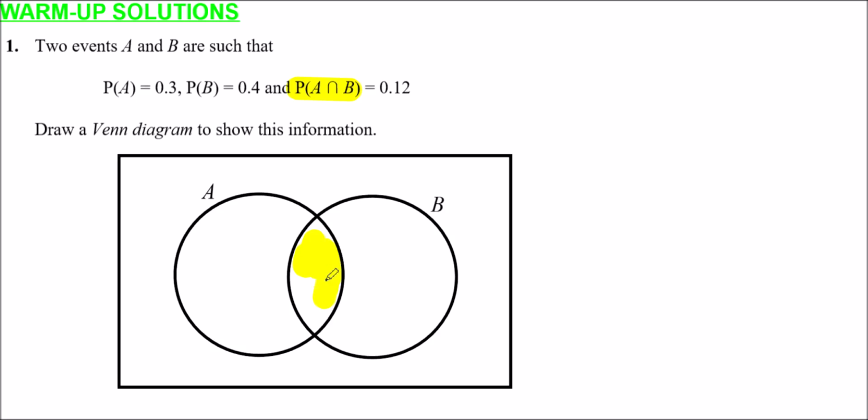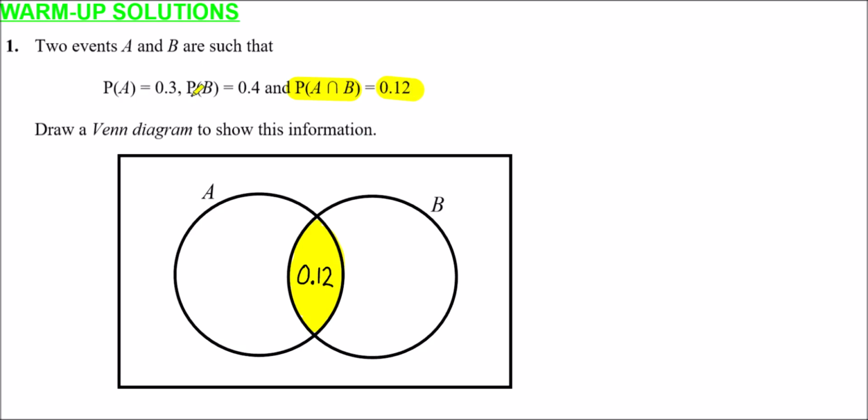We're told the probability of an event lying in the intersection is 0.12, so we just add in the value 0.12 to this section. So in other words, we just added this in.